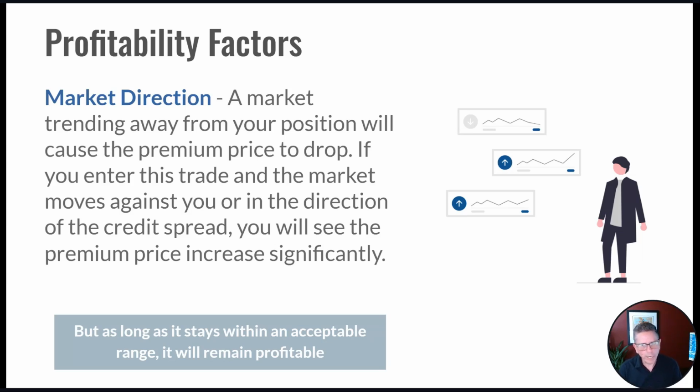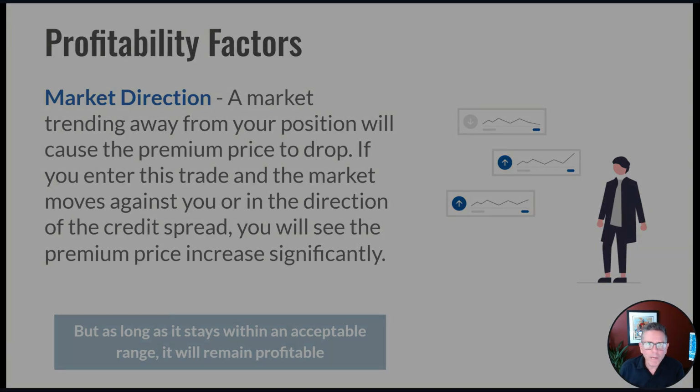I can tell you right now, the range in the market is pretty steady, and it's almost to the point where you can close that trade. At this point it's actually profitable.